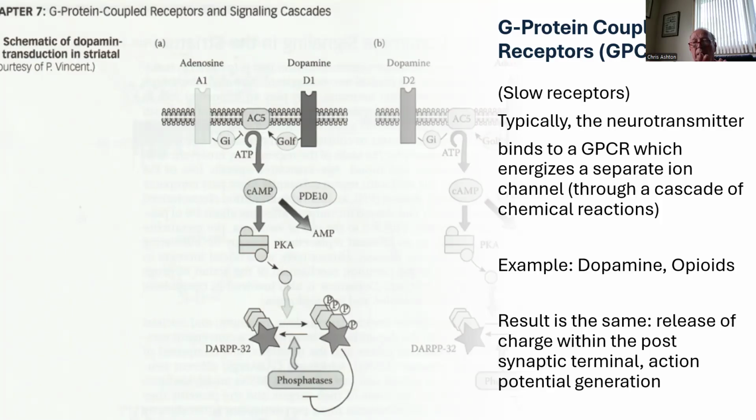And when there are a whole lot of processes involved in a chemical reaction such as this, that also offers a lot more sites for pharmaceuticals to act and block.